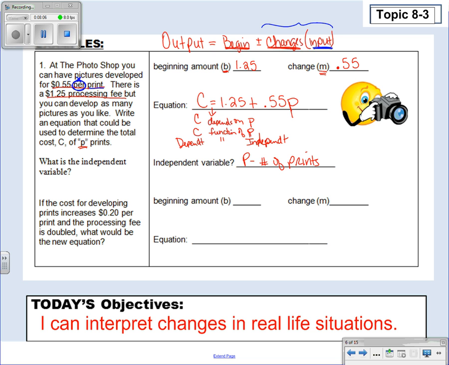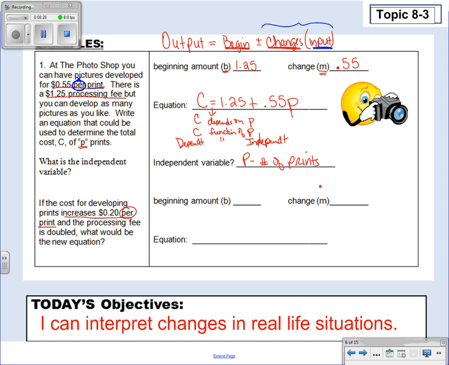Now that we have our original equation, now we can see what changes are being made. So if the cost for developing the prints increases 20 cents per print and the processing fee is doubled, what's the new equation? So let's start off with, it increases 20 cents per print. Here's that per word again. That tells me I'm dealing with the change.